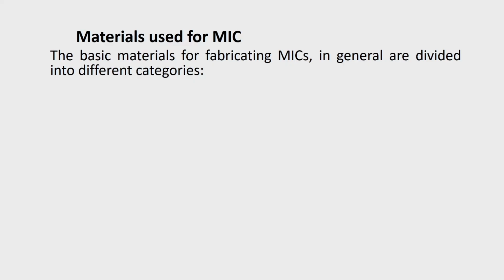We will now consider some of the materials which are normally used in microwave integrated circuits. We have already mentioned many of them in our discussion about the discrete components, the active devices. Here we just summarize some of these materials. Basic materials for fabricating MICs in general are divided into different categories.